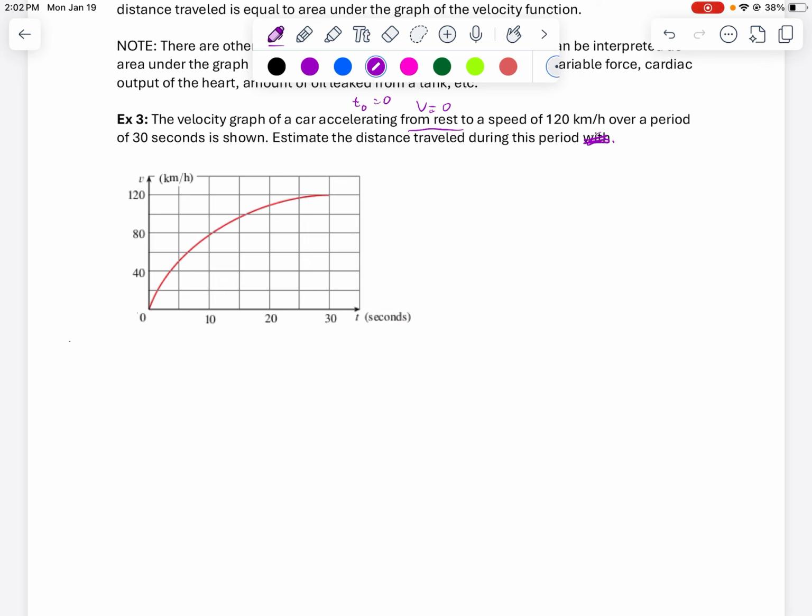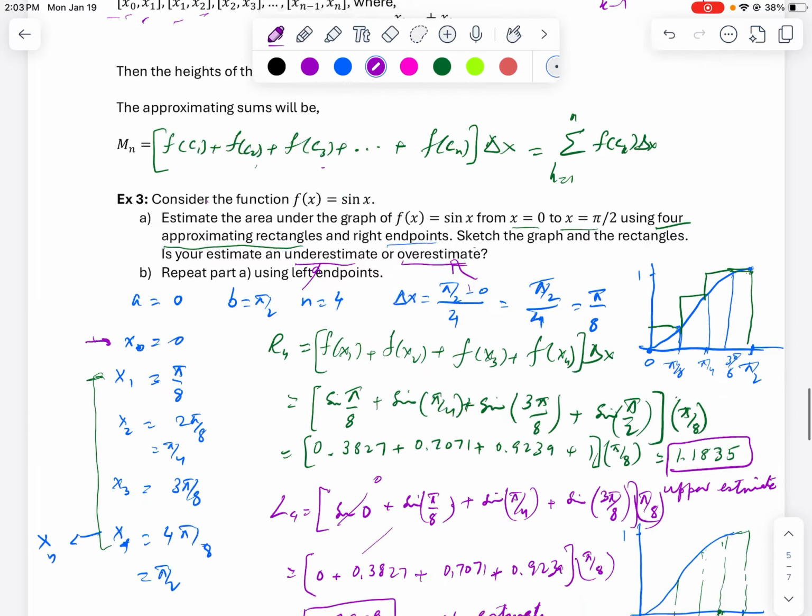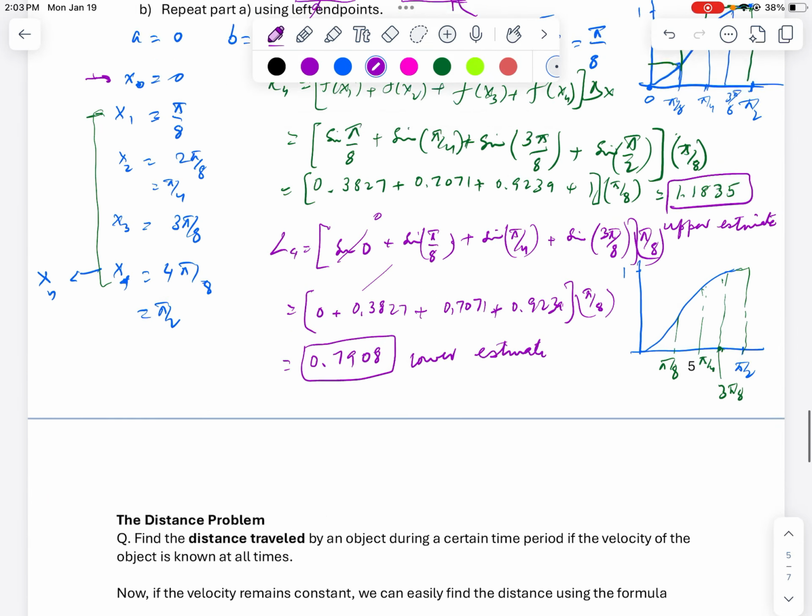Okay. Again, in the previous example that I showed you, we were given a function. So this problem can come in different forms, but basically asking you to do the same thing. Here we were given a function and we're given the interval.